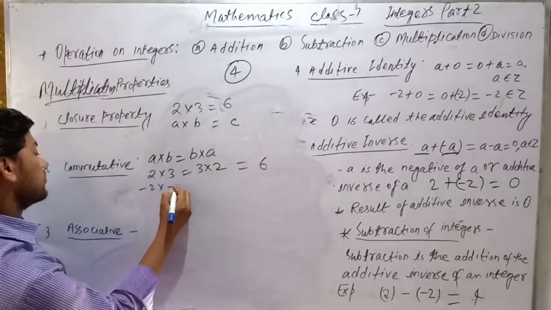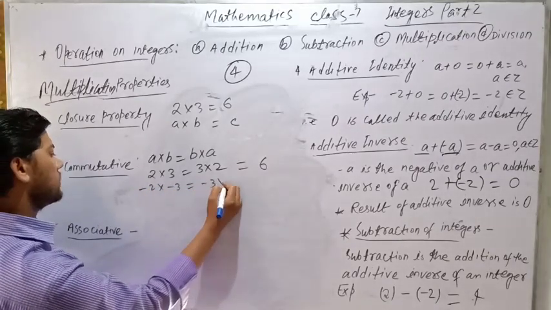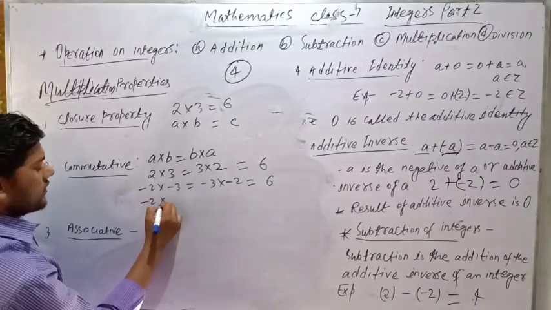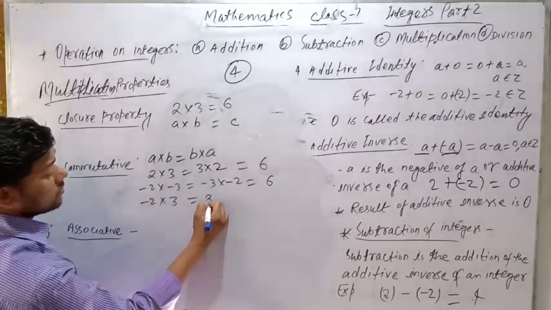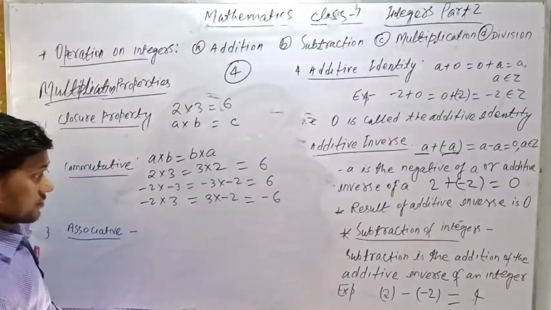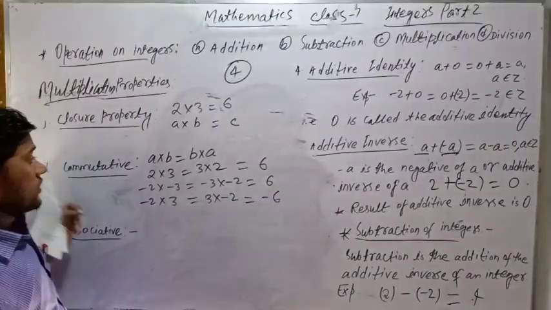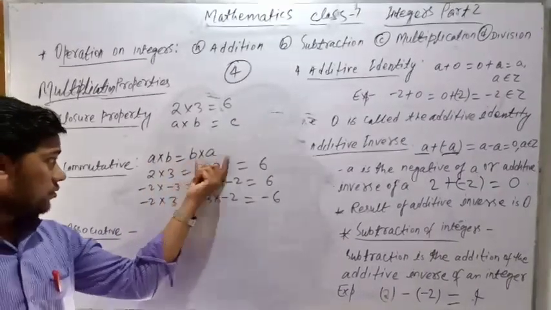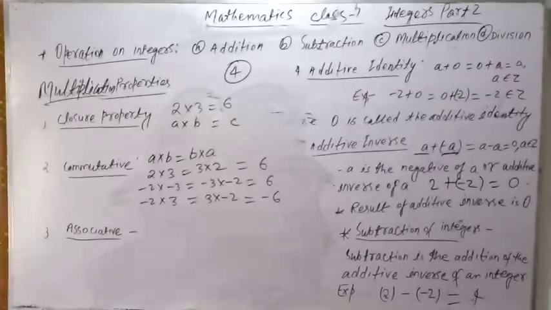Minus 2 into minus 3 is equal to minus 3 into minus 2, which is equal to 6 only. Minus 2 into 3 is equal to 3 into minus 2, which is equal to minus 6 only. So commutative property: a cross b is equal to b cross a.